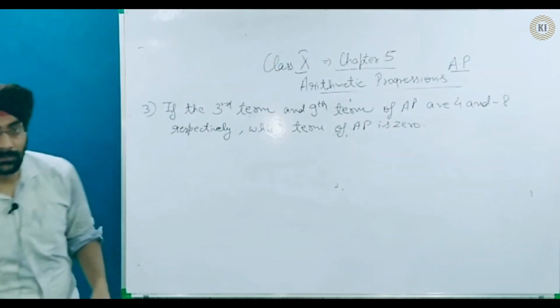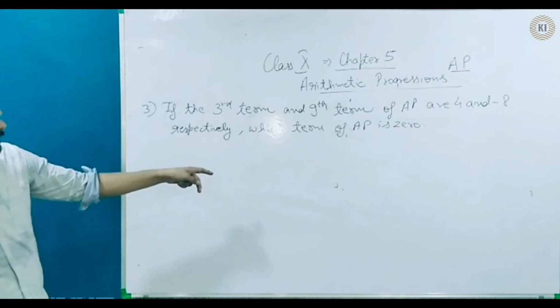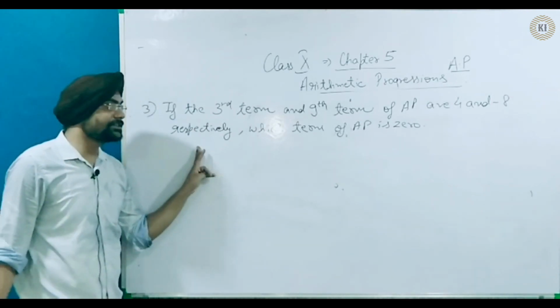This is a very important question. The question is, if the third term and the ninth term of an AP are 4 and minus 8 respectively, which term of the AP is 0?